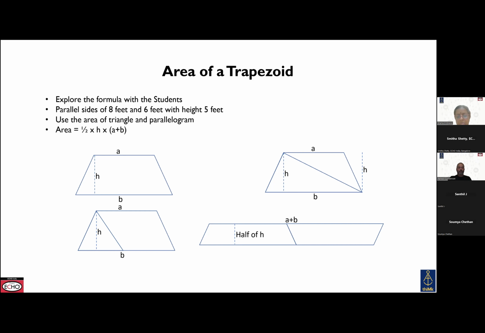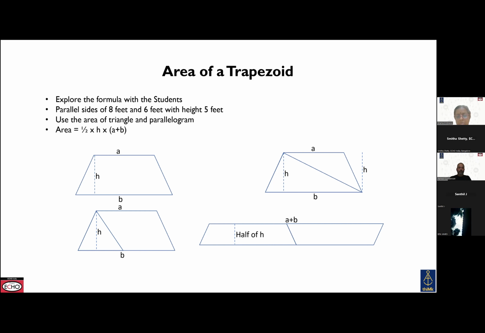The other way is you can take out a triangle and have the remaining parallelogram, where B minus A would be the base of the triangle, and the other one would have A as the parallelogram side, with base and height remaining the same. That is one way of looking at it.